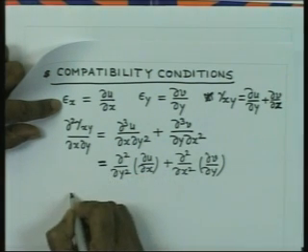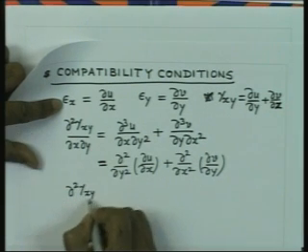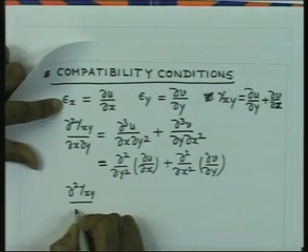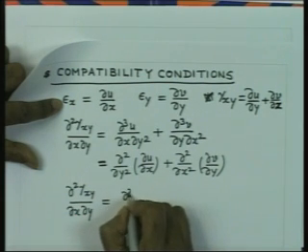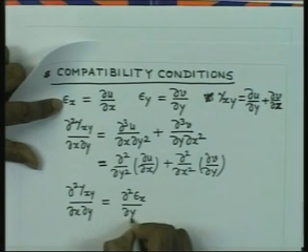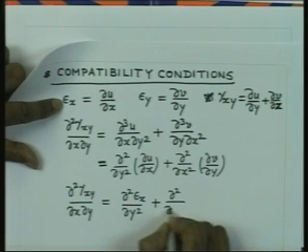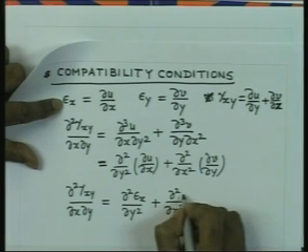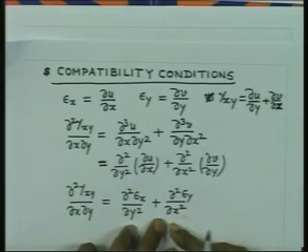So, we can write now delta 2 gamma xy by delta x delta y is equal to delta 2 epsilon x by delta y square plus delta 2 epsilon y by delta x square.